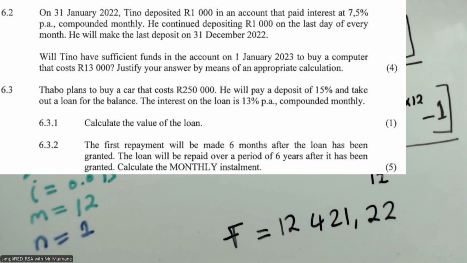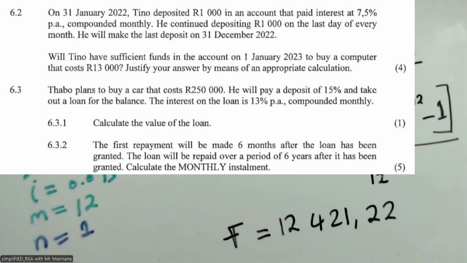Now remember, the question was, will Tino have sufficient funds in the account on the 1st of January to buy a computer that is worth 13,000? And we had to justify our answers by calculations. So after getting a future value of 12,421.22, the answer is that no, Tino will not have sufficient funds in the account.